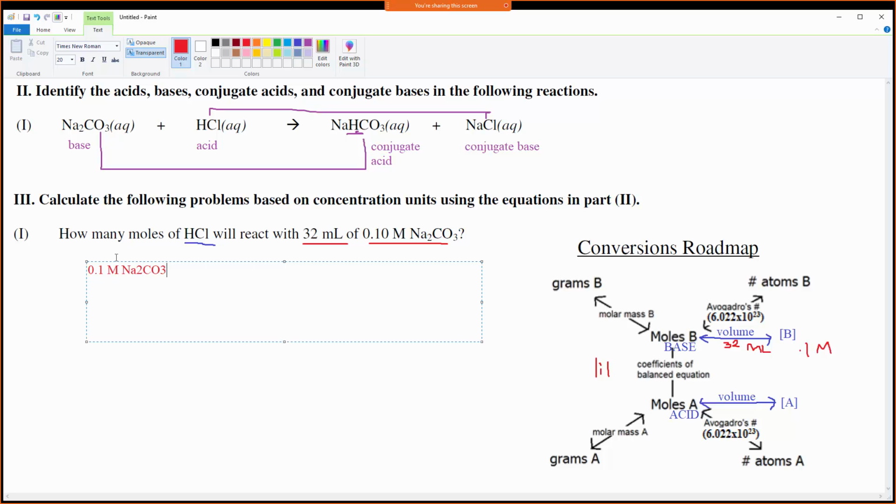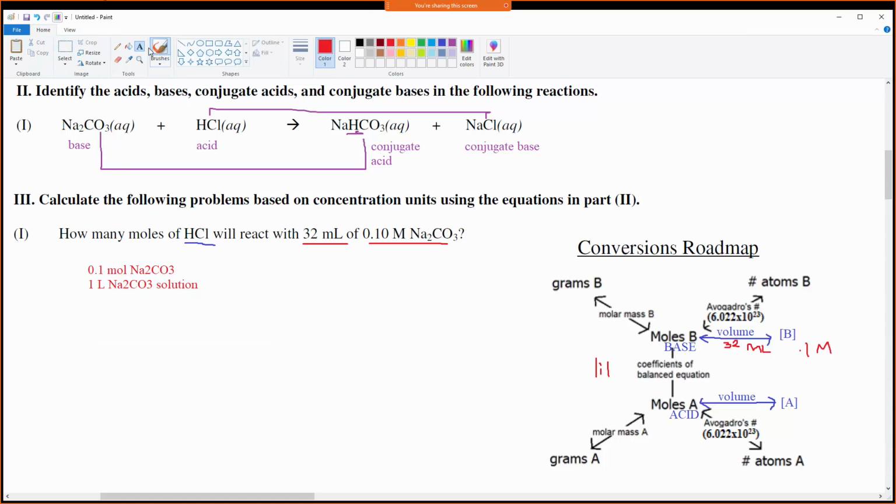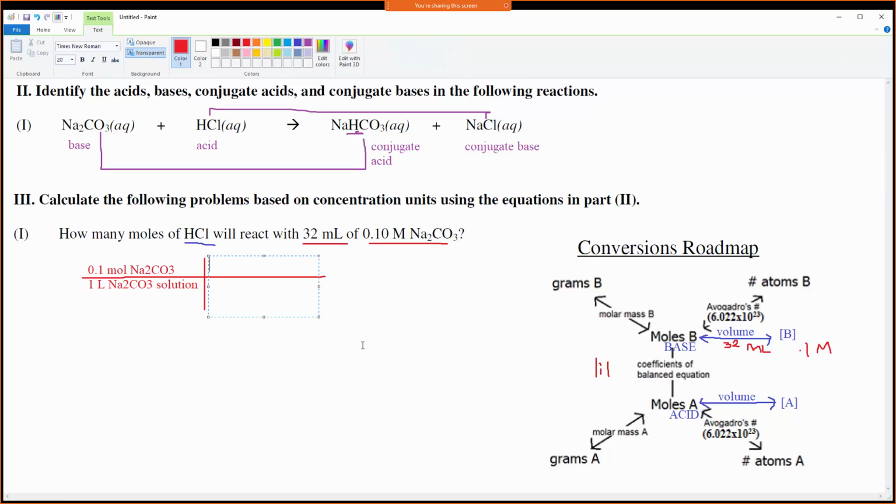Na2CO3. Now wait, that capital M is useless. Oh, Sarah got it, because it means moles per liter. Let's replace that, because we don't want capital M. Okay, so we start with moles per liter, and then we're gonna stick, oh crap, I need liters, but I only have milliliters here.